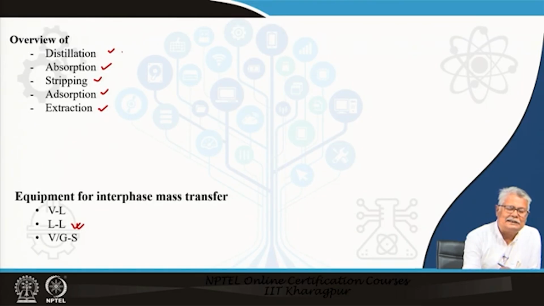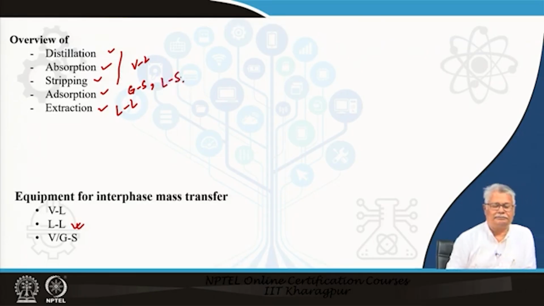Your distillation, absorption and stripping are all vapor liquid processes. In case of extraction, you had a liquid interaction, or these two are the phases involved in it. Now, in case of adsorption, you have a choice. It could be either a gas solid adsorption, or it could also be a liquid solid system.